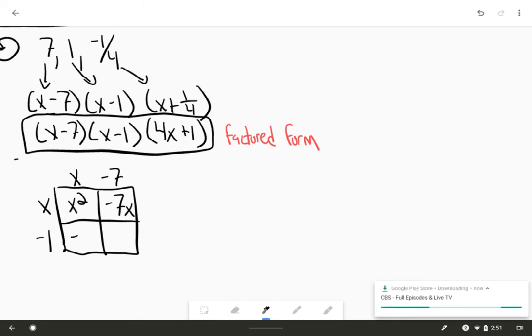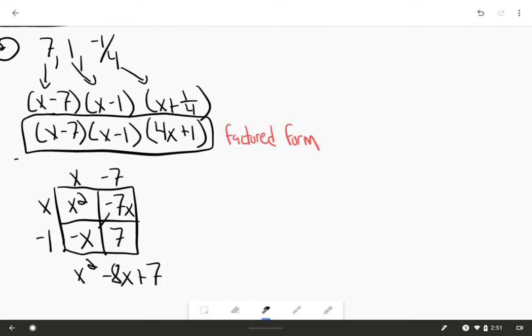This will be negative 1x. And then this last one will be negative 1 times negative 7, which is a positive 7. So if we put this all together, we end up with x squared, and then negative 7x and negative 1x is negative 8x. All right, plus 7.